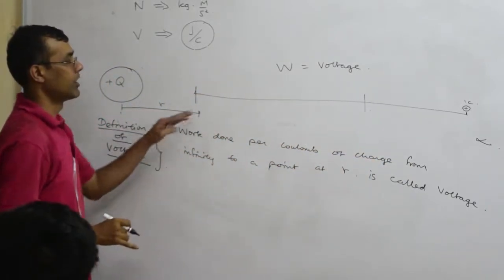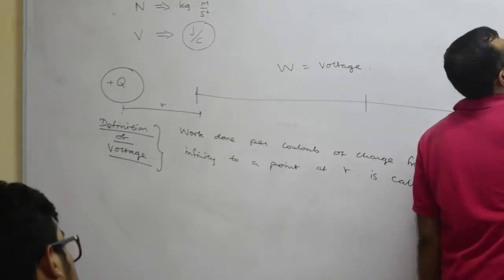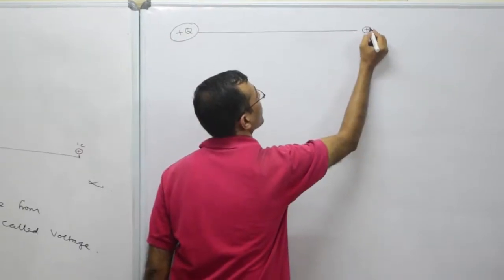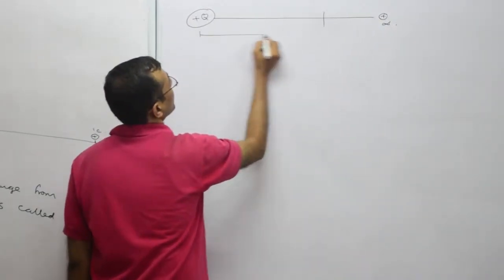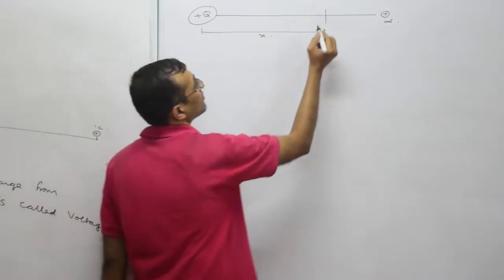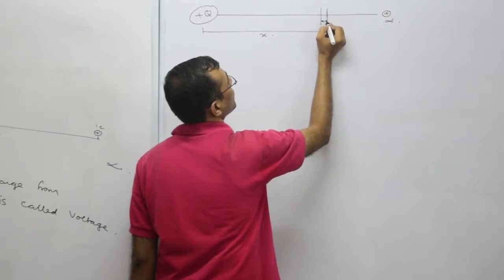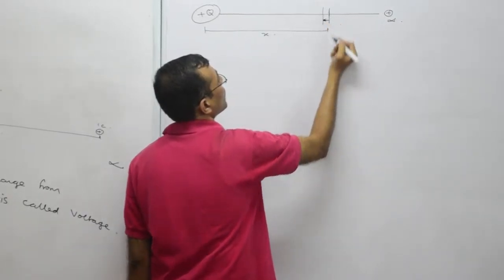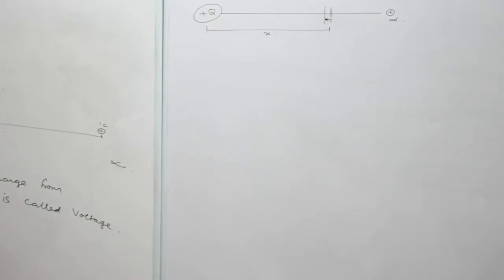So this is for the definition, right? So let's say at a given point of x, how much work do I have to do? That's how much push I have to give.